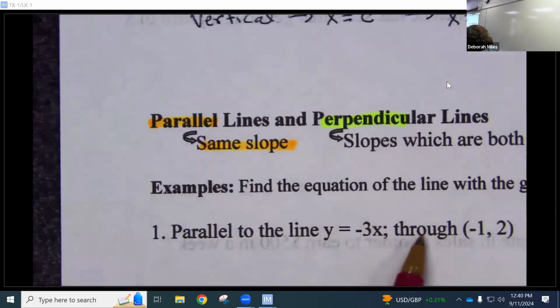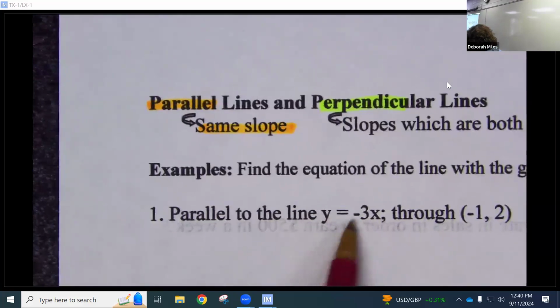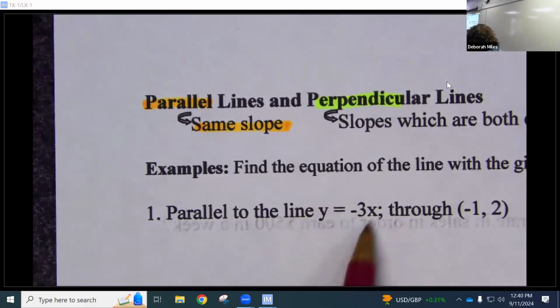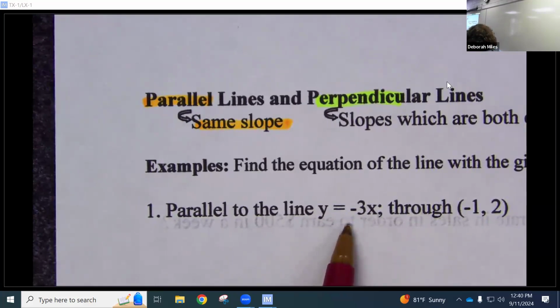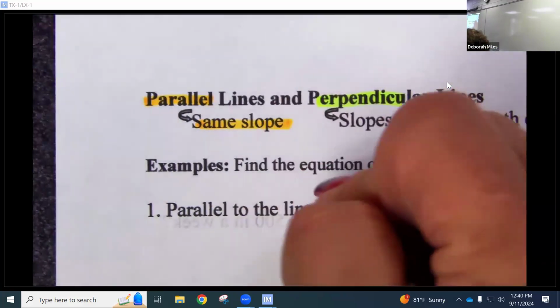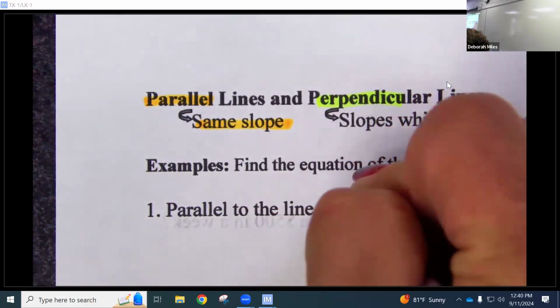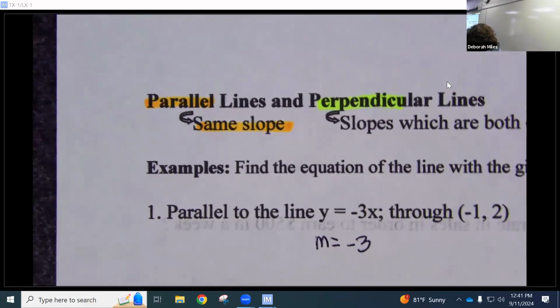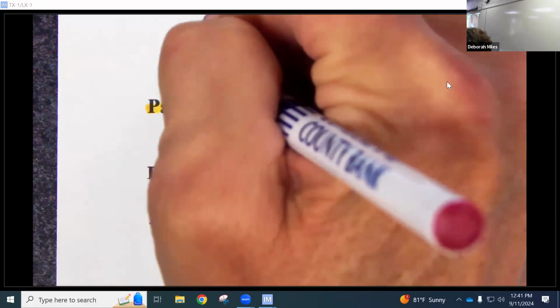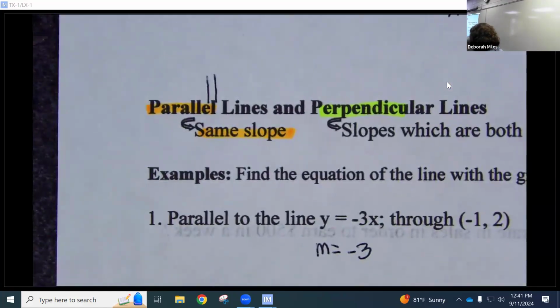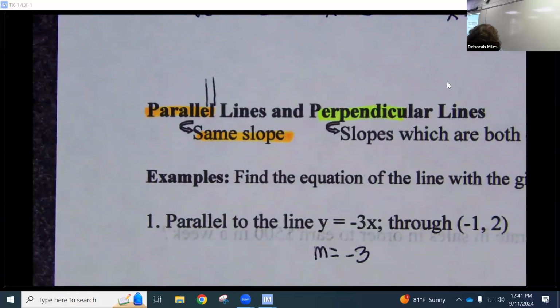So on number 1, since you would be running out of time, I gave this to you in the form. You can go ahead and tell me the slope of this line is what? Yeah, it's in slope intercept form. The slope is -3. Now the symbol for parallel is 2 vertical lines that are parallel to each other.